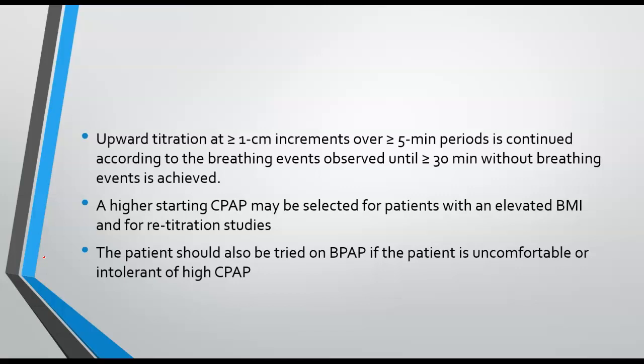So a higher starting CPAP pressure may be acceptable for patients with high BMI and those coming for retitration studies. The patient should be tried on BiPAP if uncomfortable or intolerant of high CPAP, which we'll be discussing down the line.